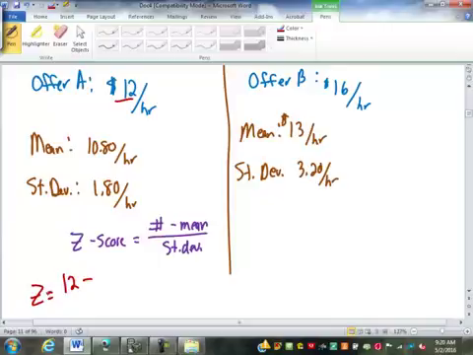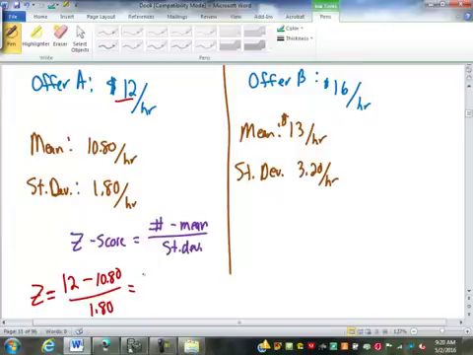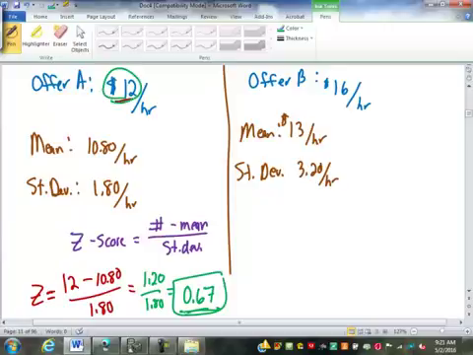You subtract the mean, which is 10.80, and divide by the standard deviation of $1.80. So 12 minus 10.80 is $1.20. Divided by $1.80 is 0.67. What that is saying is that this $12 an hour is 0.67 standard deviations above the mean for that population.